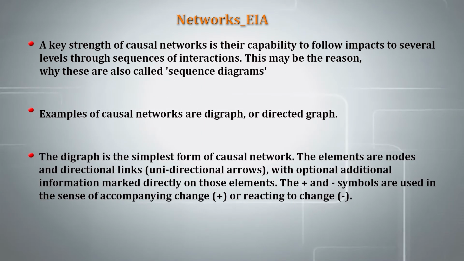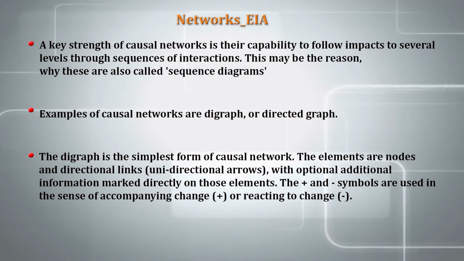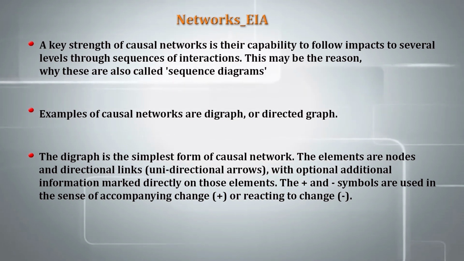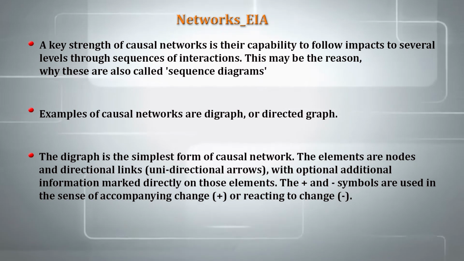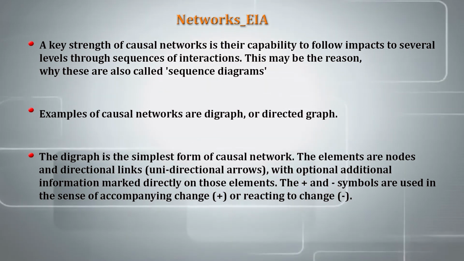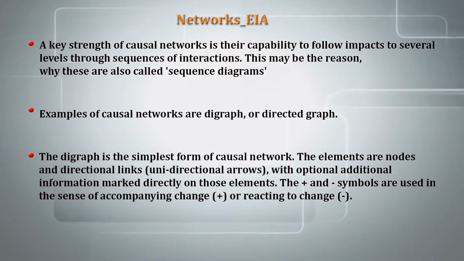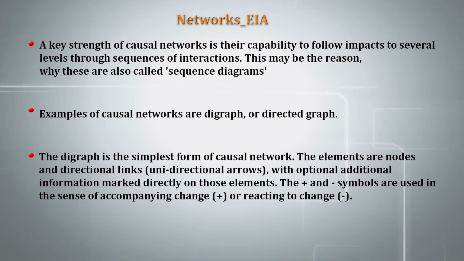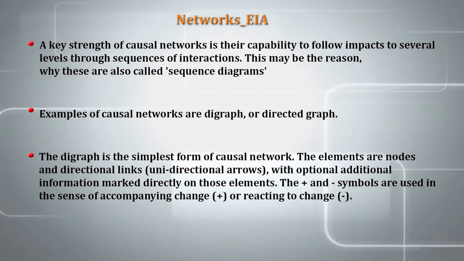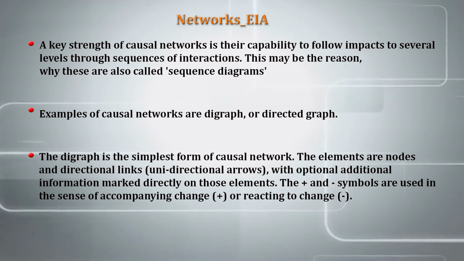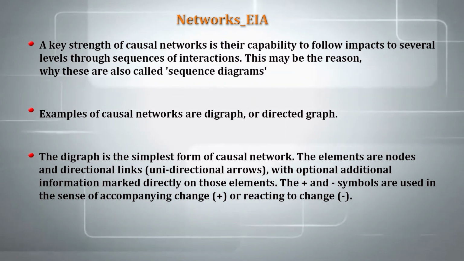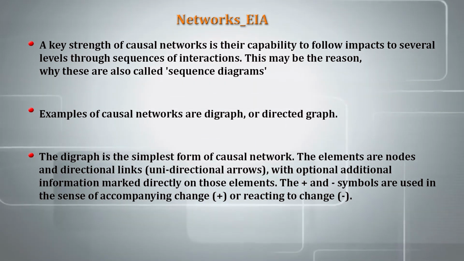The digraph is the simplest form of the causal network. The elements are nodes and directional links, the basic elements of the digraph. The directional links are unidirectional arrows with optional additional information marked directly on those elements. A plus or a minus symbol can be used, showing a positive change or a negative change.